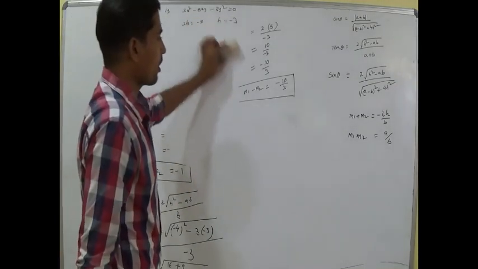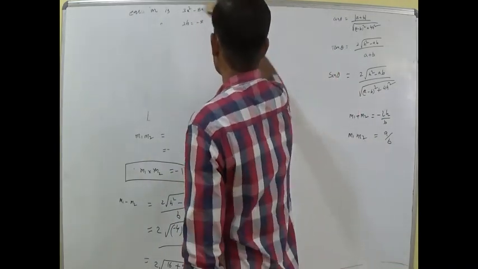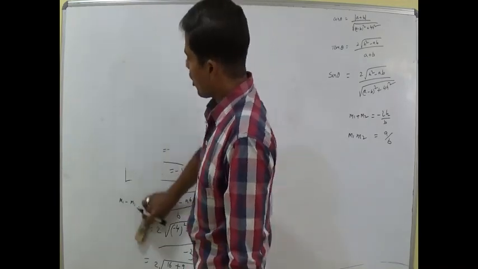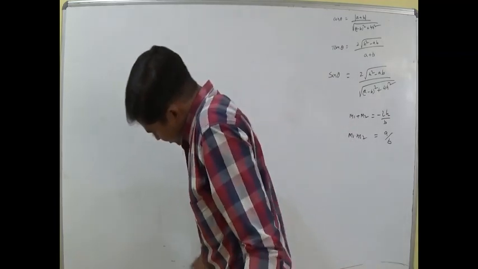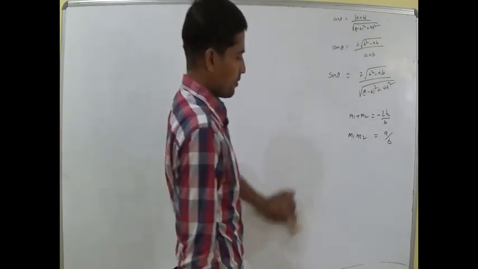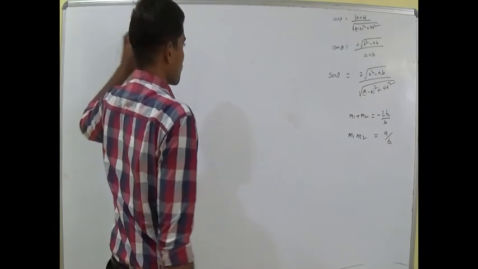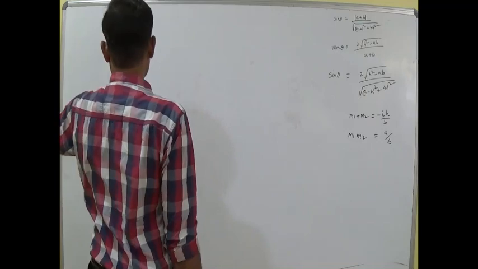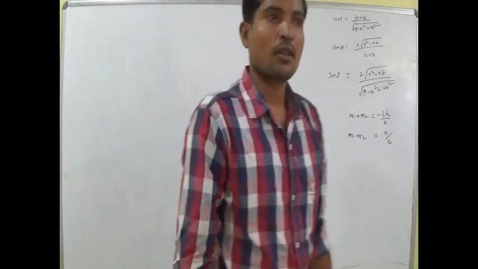So remember the formula about cos theta, tan theta, sin theta, and then what is meant by locus? Locus means that which satisfies consistent geometrical conditions. Circle is a locus, and straight line is a locus.